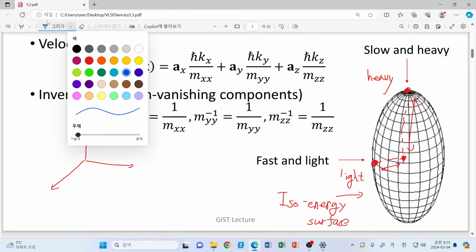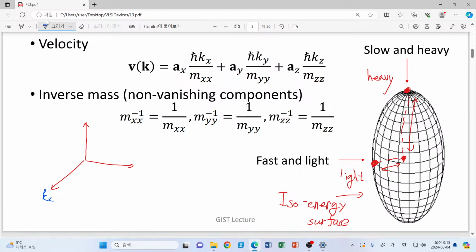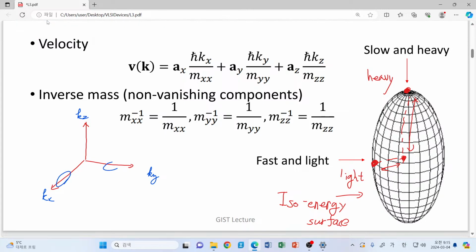Say that now you have kx, ky, and kz directions. And when we draw the iso energy surface for each direction, you can find certain things like this. Oh, sorry about my ugly drawing. Especially for this one, the principal axis should be aligned to the ky direction, and this one too.